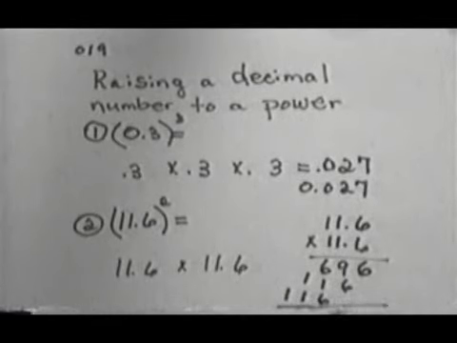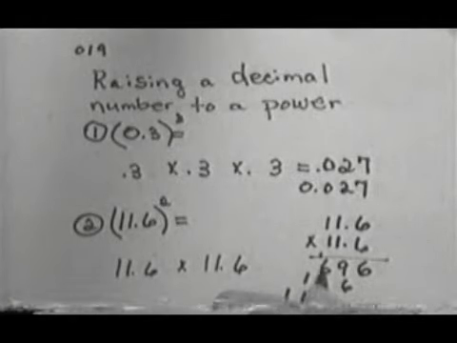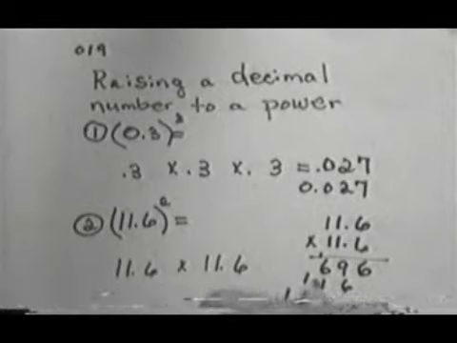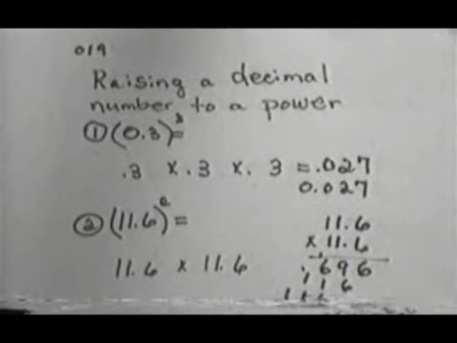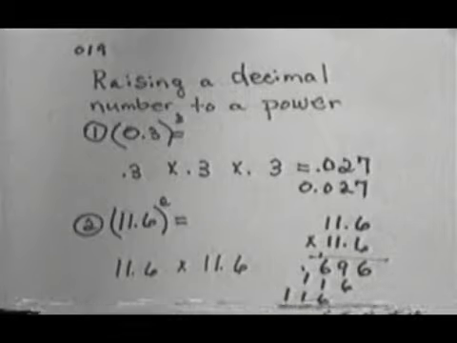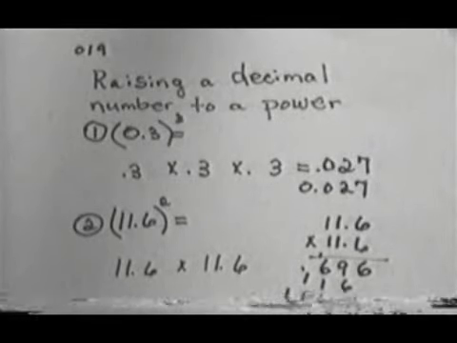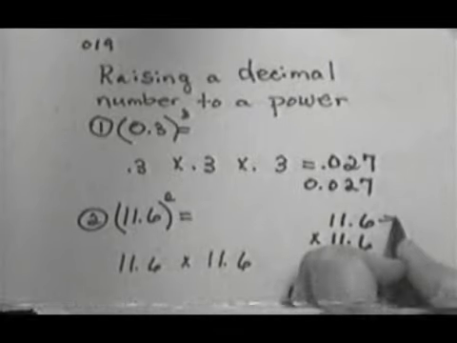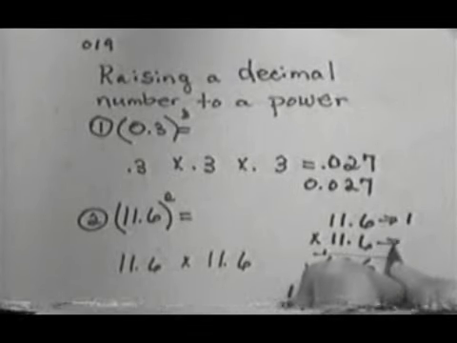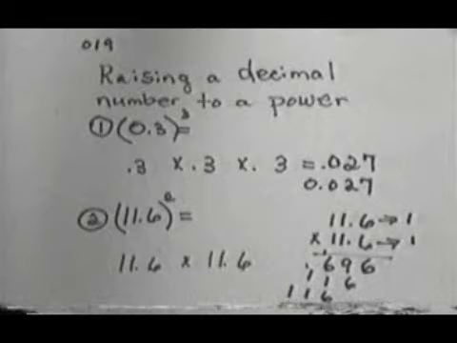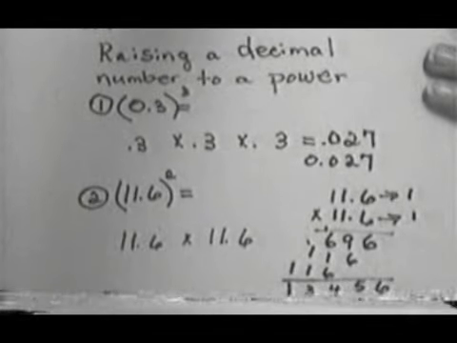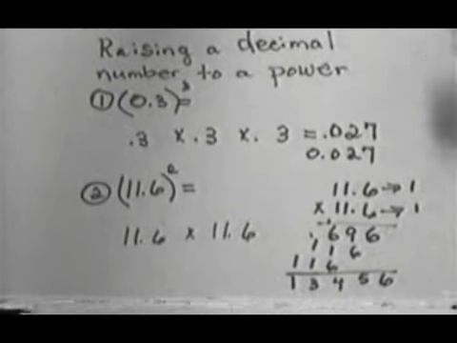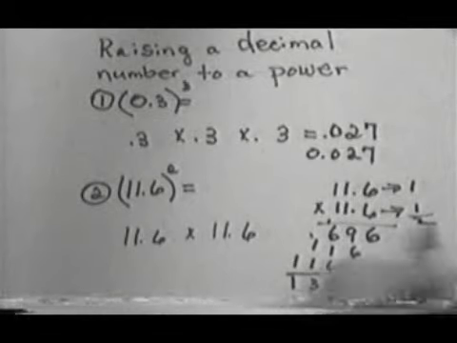So when we find the sum of these products, we'd have 6, 15, carry our 1, 7, 8, 14, carry our 1, 3, 1. And that's our answer without the decimal place. And since this one has 1 decimal place and this one has 1 decimal place, our answer should have 2 decimal places.